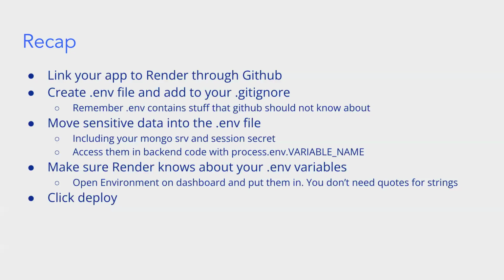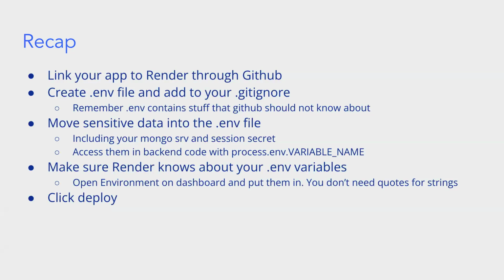Just to recap, link your app to Render through GitHub. You can create a .env file and add it to your .gitignore. Remember, your .env file should contain secrets that you don't want GitHub to know about, such as your Mongo connection URL and your session secret. You can access them in your backend code using process.env and the variable name.